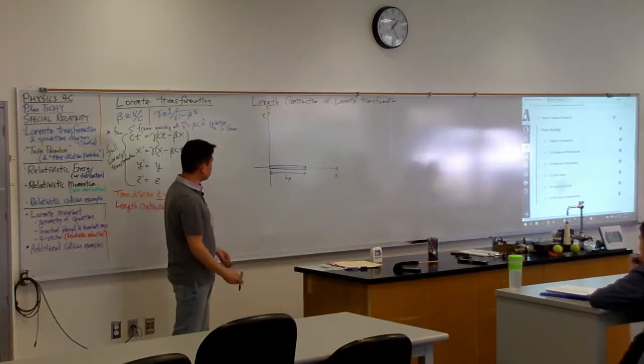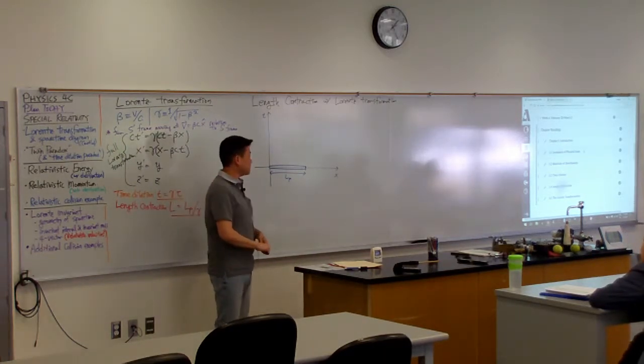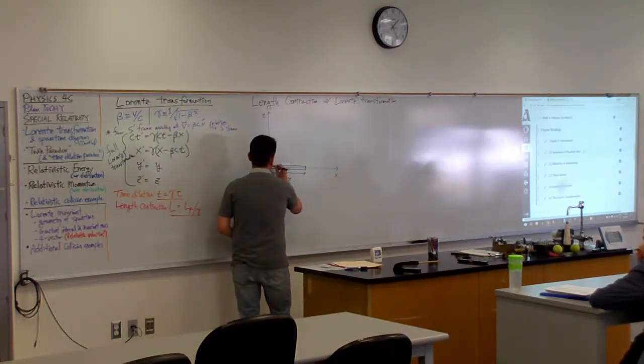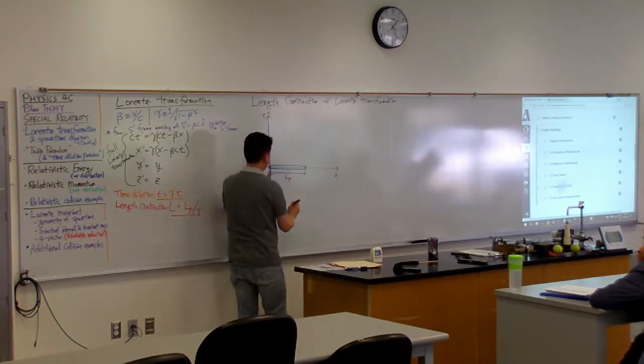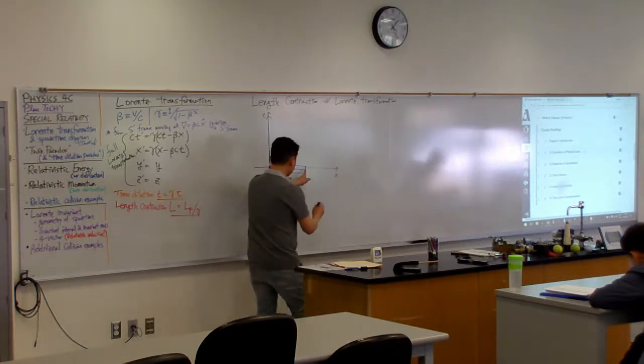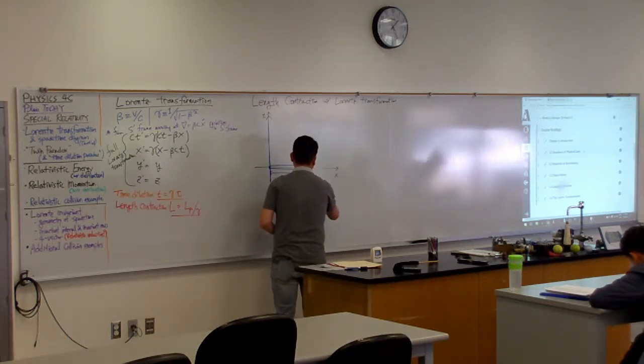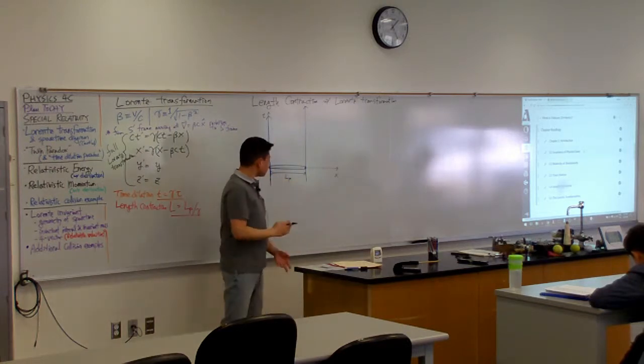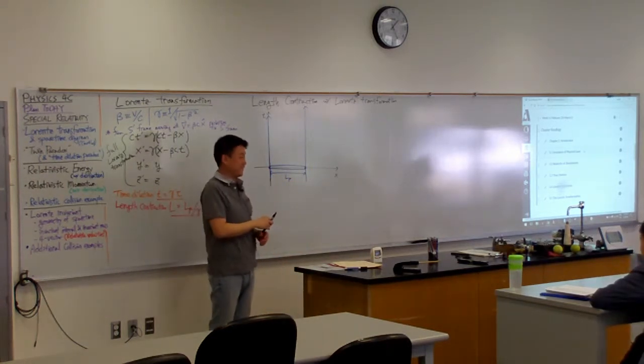And just to finish it, the world line or the trajectory of the ruler would look like this. This is the trajectory of the end of the ruler that's at the origin, and this is the trajectory of the end of the ruler that's not at the origin. Good.